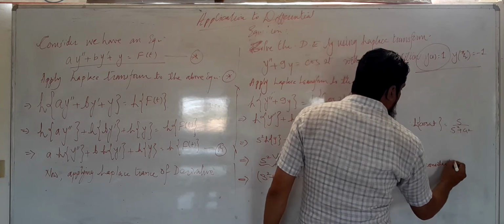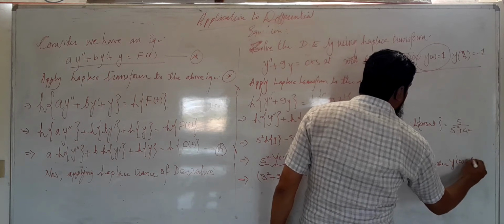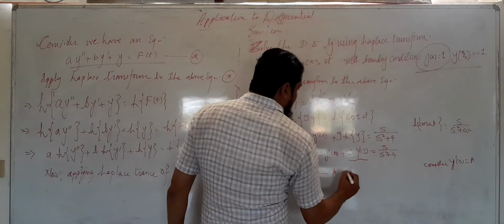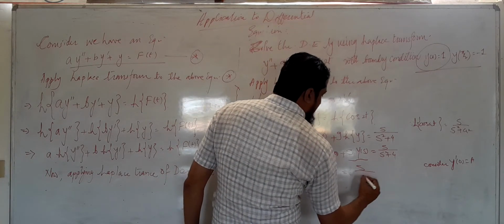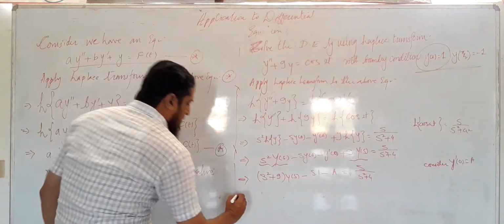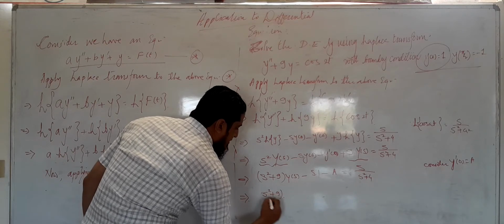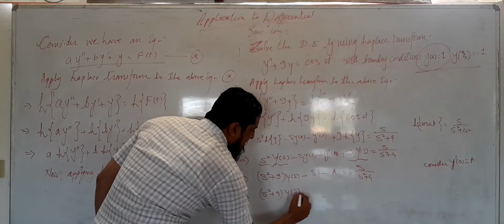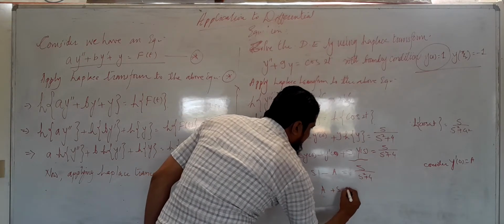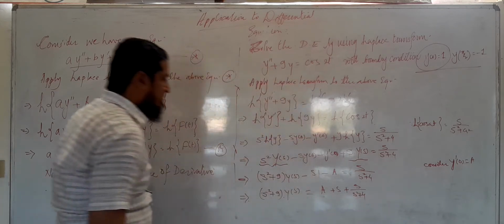Consider y dash of 0 is equal to a, and the transform of cos t is s upon s square plus 4. So we have (s square plus 9) Y(s) is equal to a plus s upon s square plus 4.